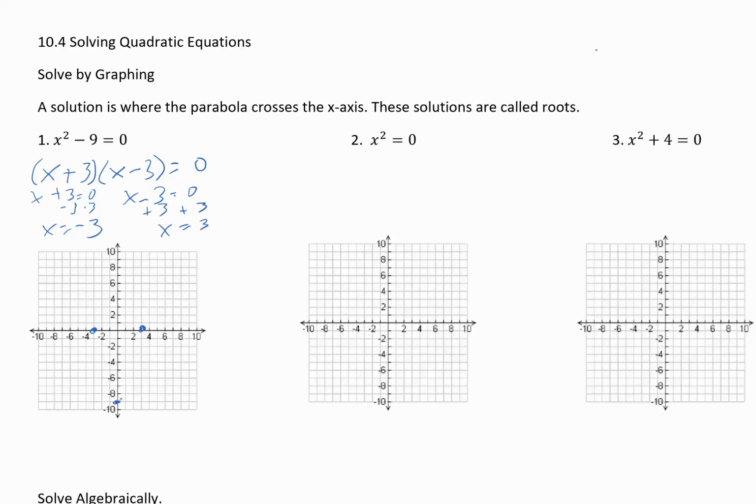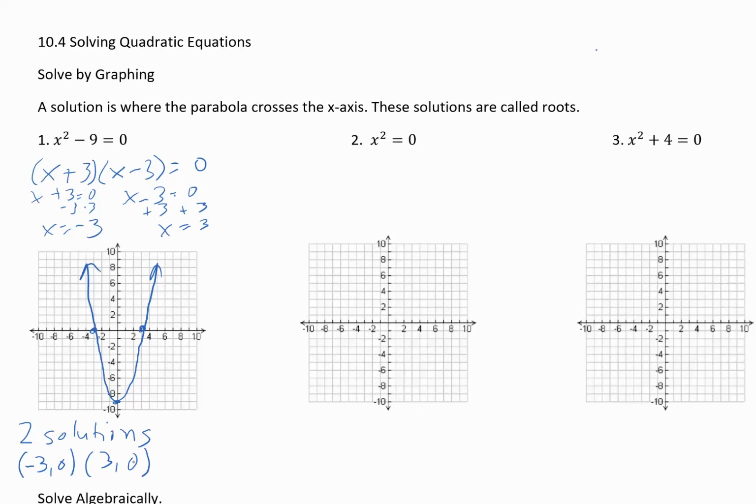So if I go ahead and connect these dots here like this, here's my parabola, which means this has 2 solutions. And those solutions are, again, where your parabola crossed the x-axis or the x-intercepts. So our solutions were (-3, 0) and (3, 0).